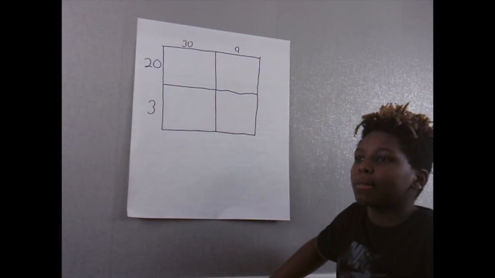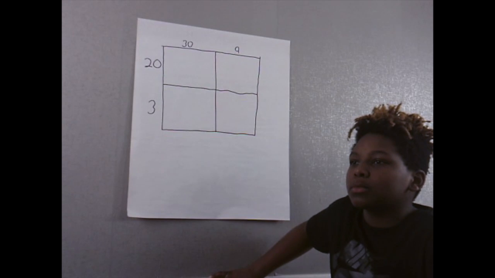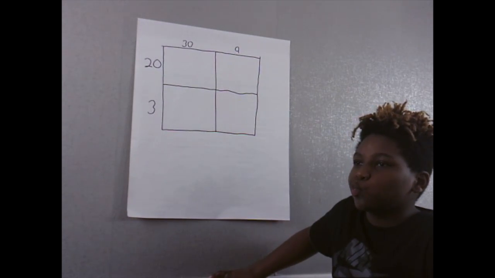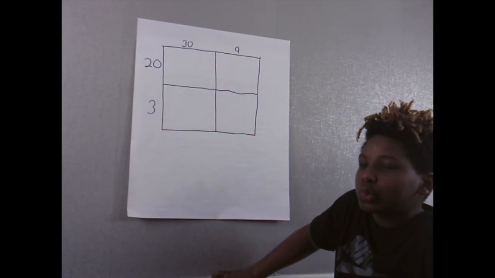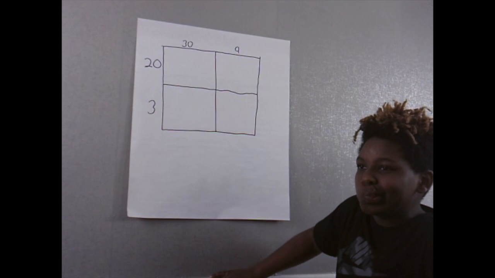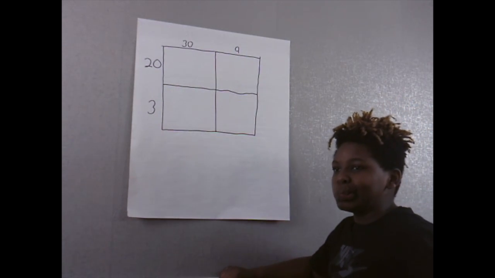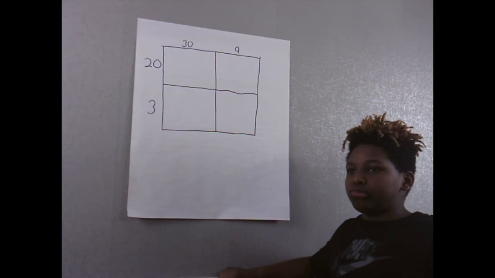Would you put a plus sign so that everyone remembers that we are adding these numbers back to get our full factors? So that's 30 plus 9 and 20 plus 3. Would you put a plus sign in the middle, where the intersection of your rectangle comes together?